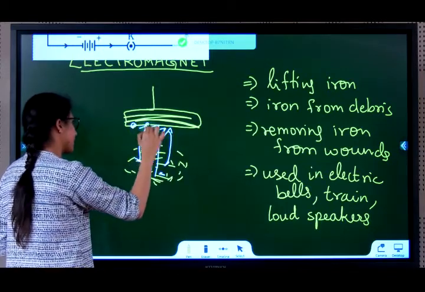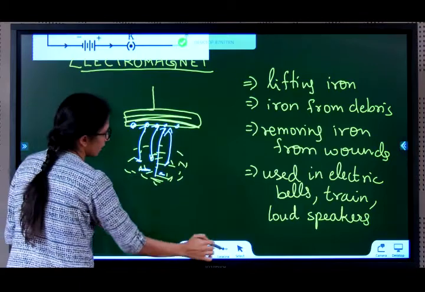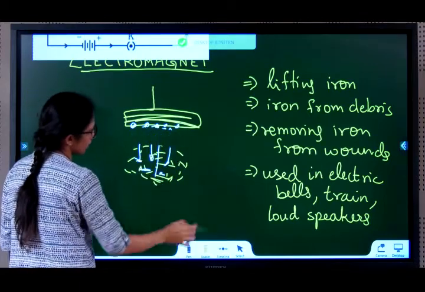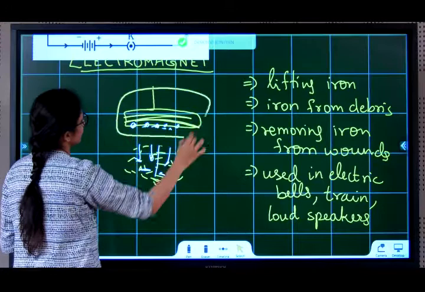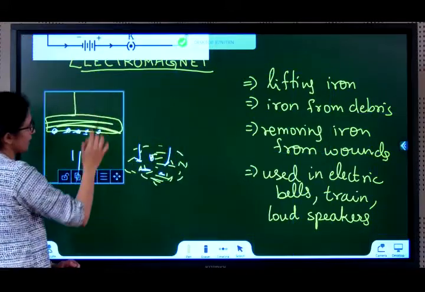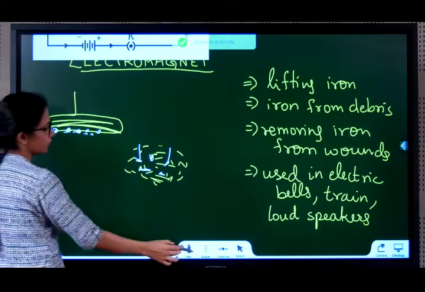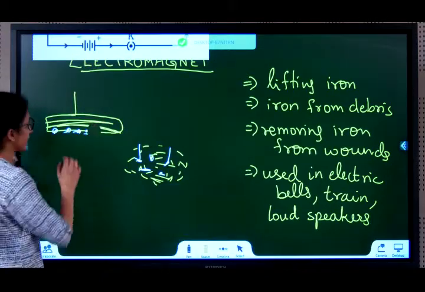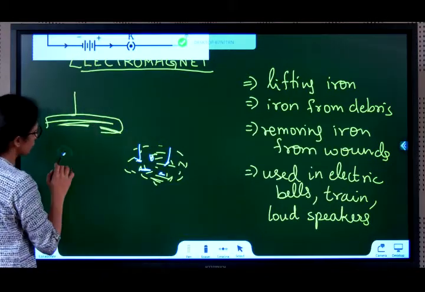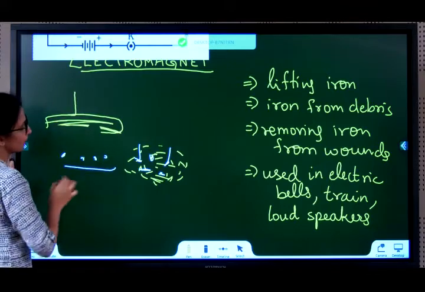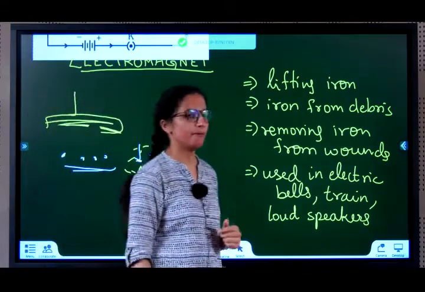Now I will take this, go here and switch off the current. If I switch off the current, what happens? This is no longer magnetic. All these iron substances will fall down. So I separated the iron from the debris.